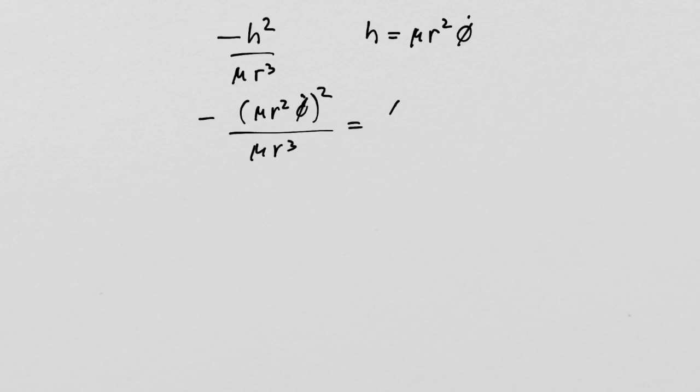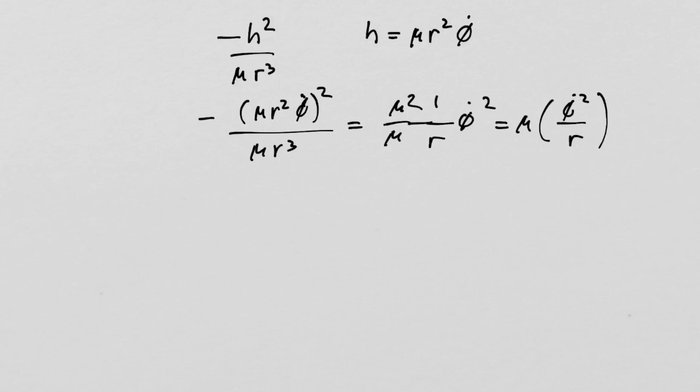And what we get is mu squared over mu, 1 over r, phi dot squared, which equals mu times phi dot squared over r. Let me just make sure that's right. Yes.